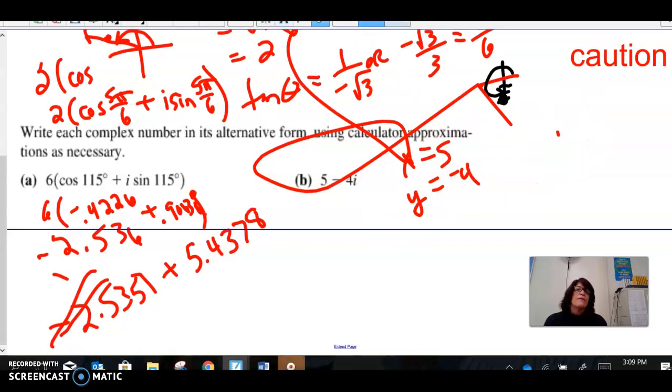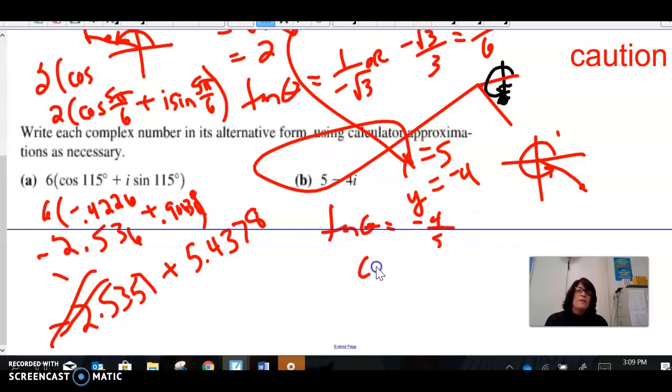So we have 5, negative 4. I just like to know where I am. I'm in the 4th quadrant. Okay? Tangent of theta is y over x, negative 4/5.